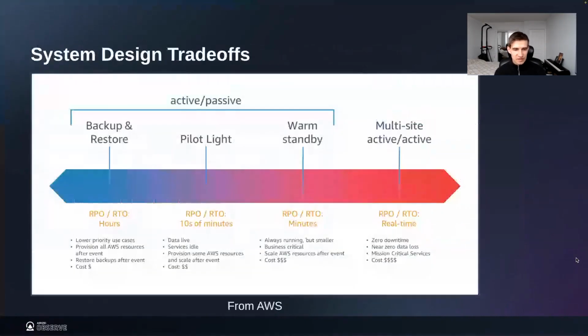Now this gets into the trade-offs of what our data considerations are. This graphic is borrowed from general data engineering from AWS in terms of running different setups for your services or data services. On the left-hand side, you can run simple setups with lower uptime guarantees, but they're cheaper and faster to implement.